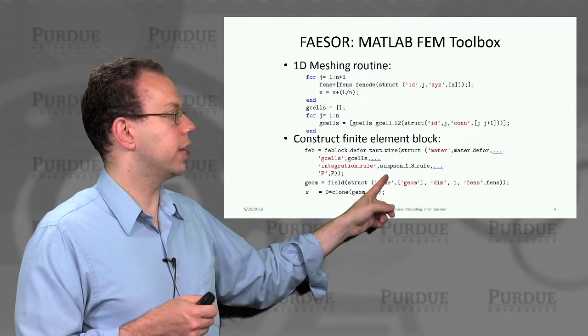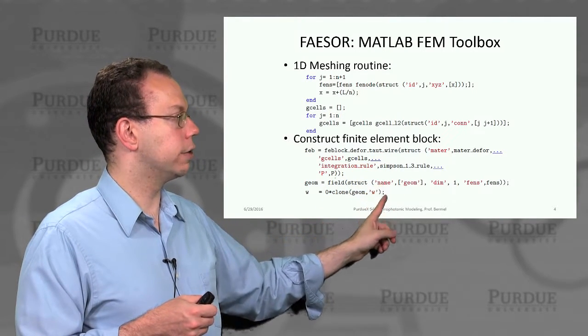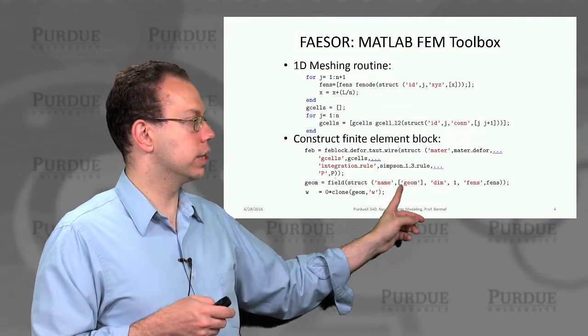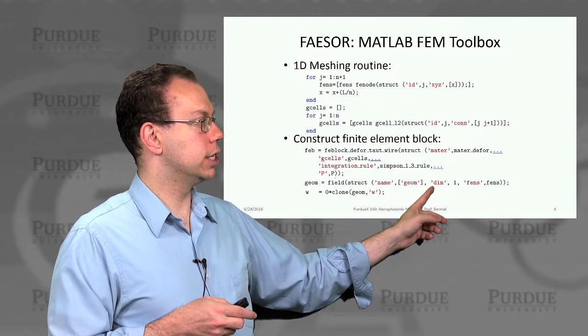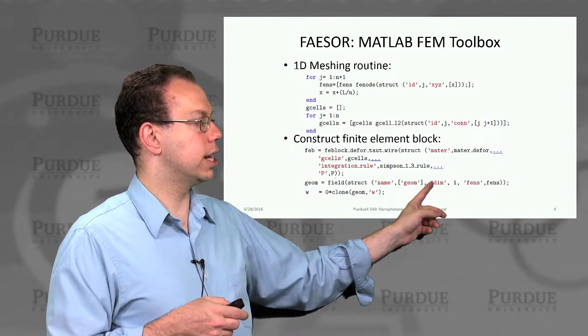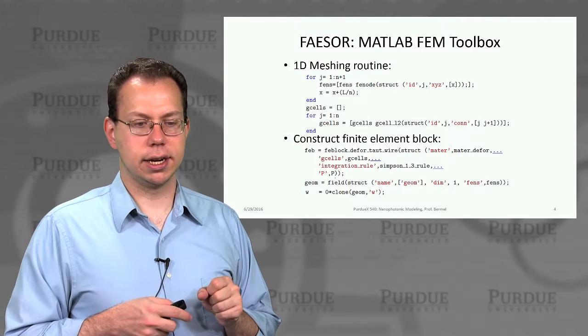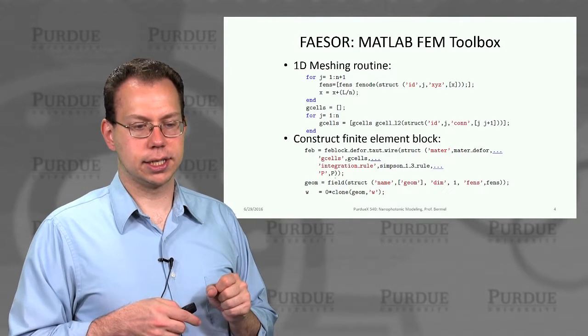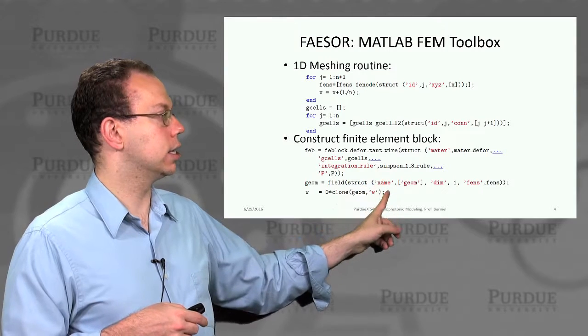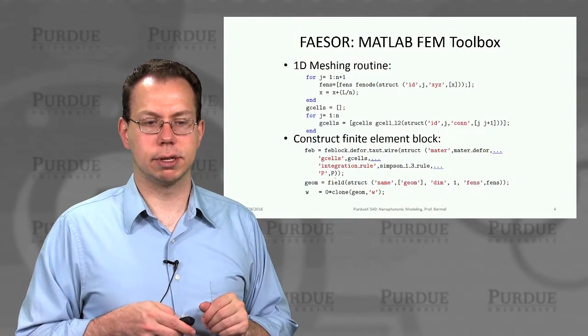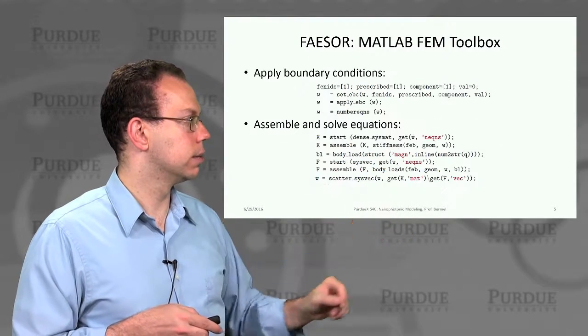And then you have to define the integration rule that you're using to solve it. And then you create a field with the structure of the geometry. And here the dimensionality is specified, so that's also very important. And then once you create this geometry, you would create a W, which is your solution for the system as well, using this clone command here.